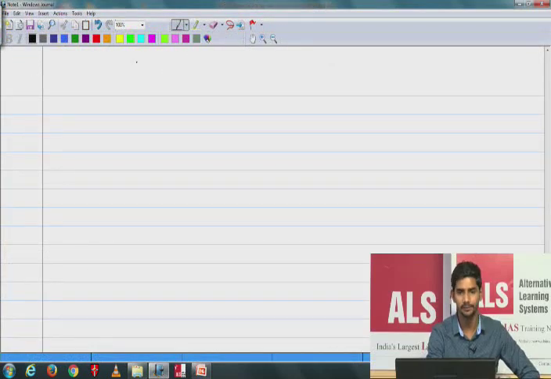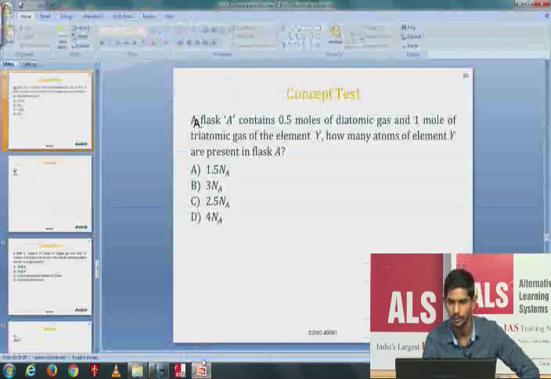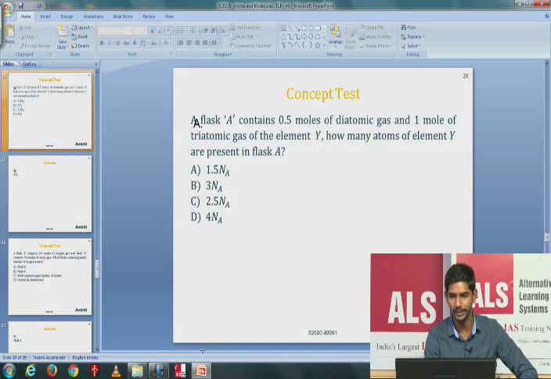They are saying flask A has 0.5 moles of diatomic gas and 1 mole of triatomic gas. Okay, element is same, guys. One minute. Element is same.